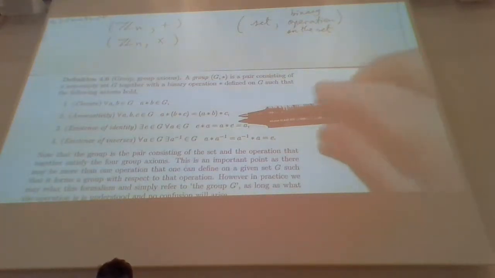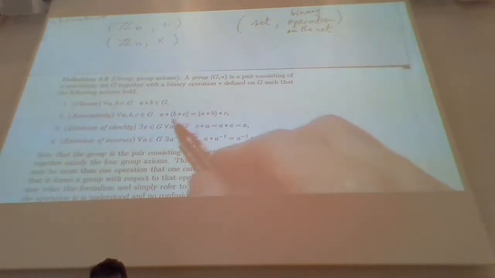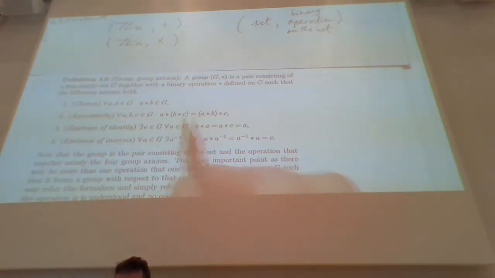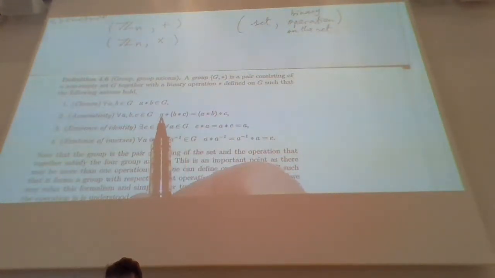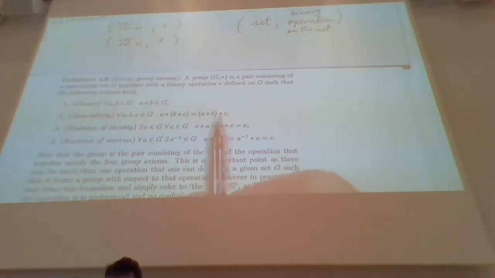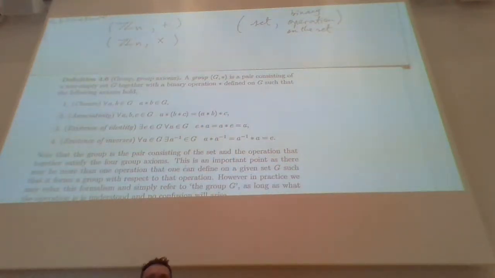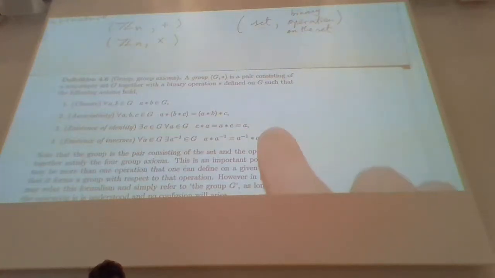And associativity is when these two are always the same. Okay? So when it doesn't make a difference how you parcel up the triple product to evaluate it using the operation. Note that the order of the A and B and C are not changing, just the way we're pairing them together to evaluate it in a 2 by 2 fashion.